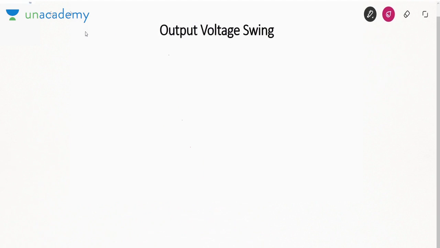The next term is called your output voltage swing. Output voltage swing is nothing but the peak to peak undistorted output voltage.